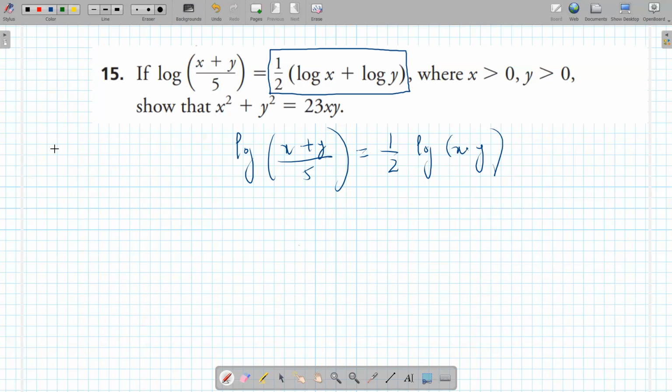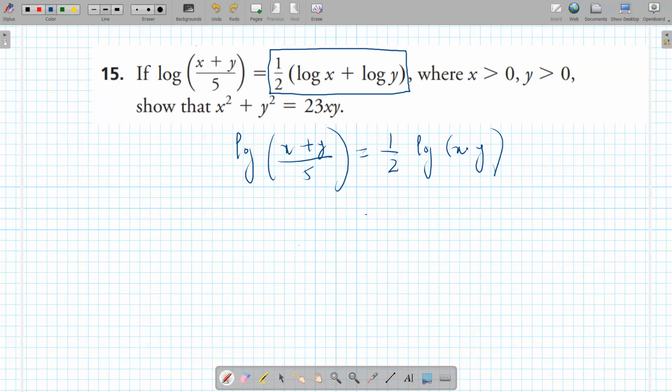You need to use this rule. If you have a times log of b, you can put this up top, so this becomes log of b to the power of a. Remember that? We've been reversing it, but the other way also works. What that means is this 1 over 2 in the front, you can throw it in the exponent up here.